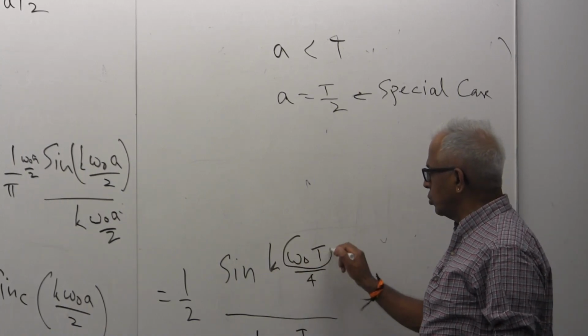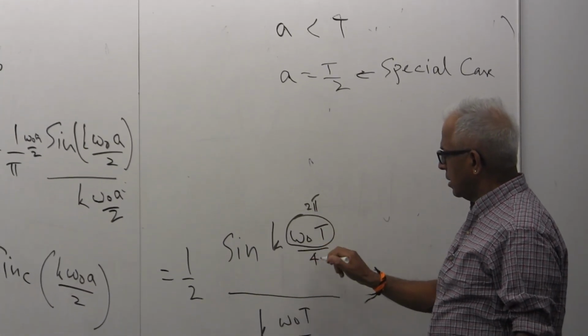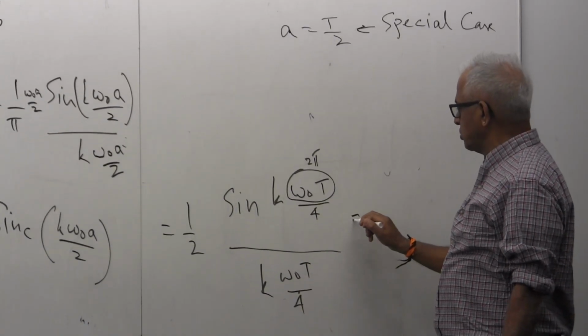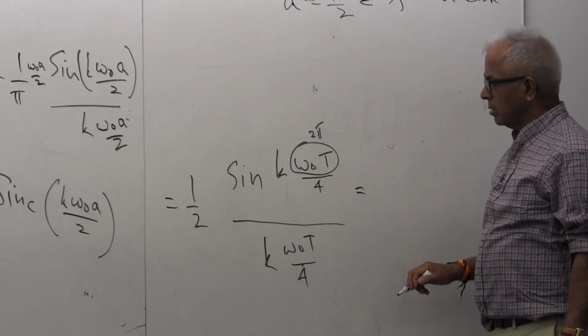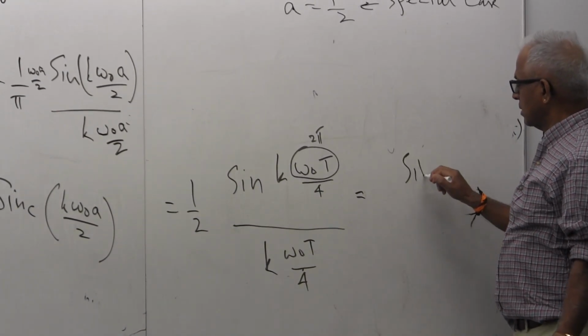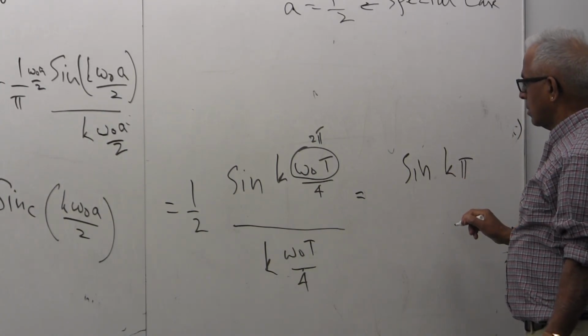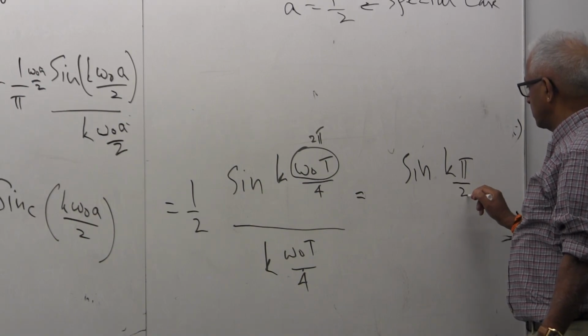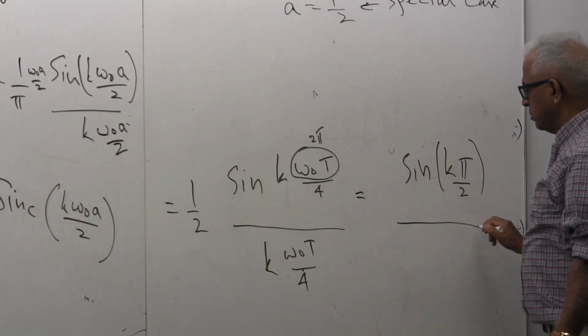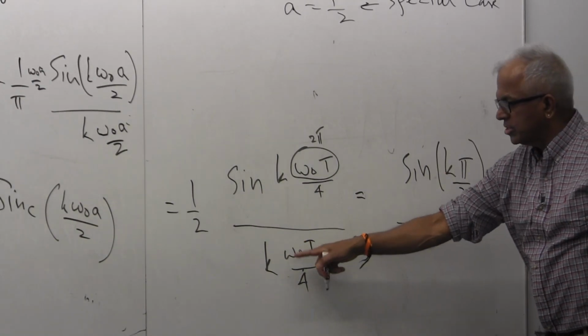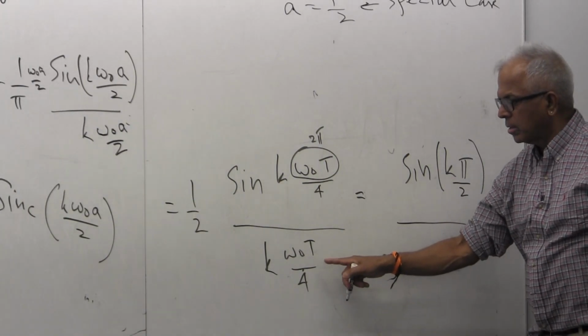Omega naught t is 2 pi, so this becomes sine pi by 2, divided by, how much is this? Oh, 2 pi. Omega naught as well.